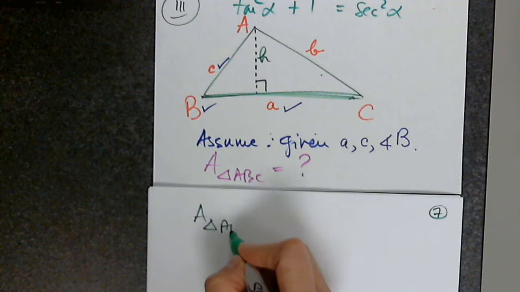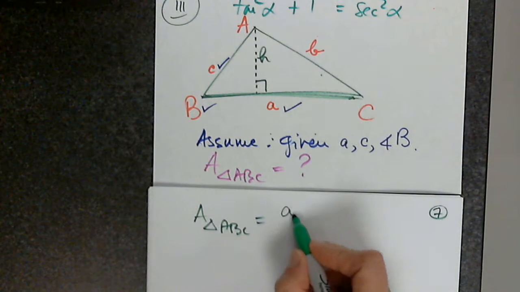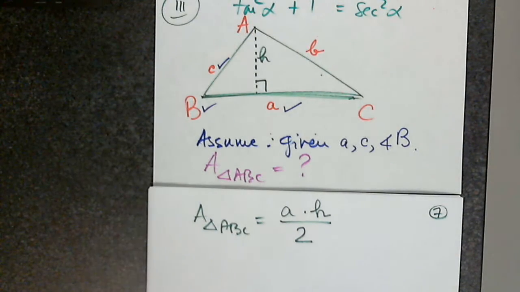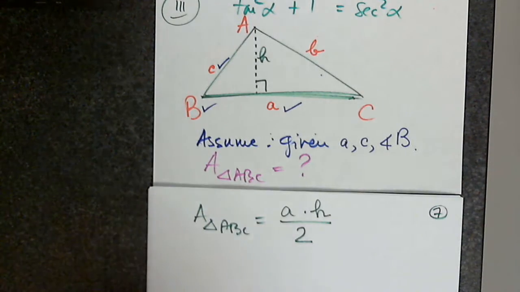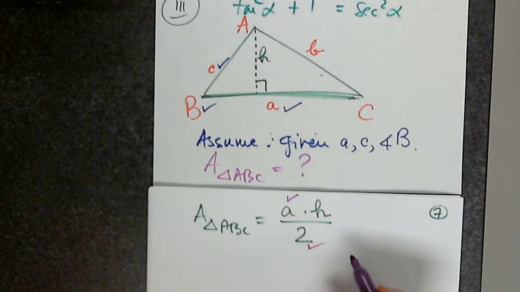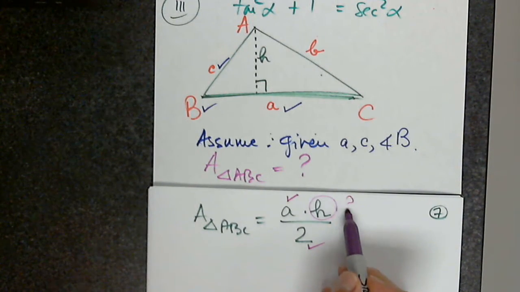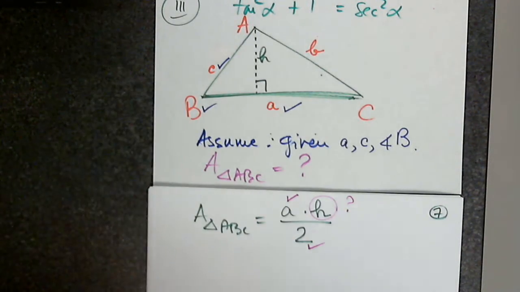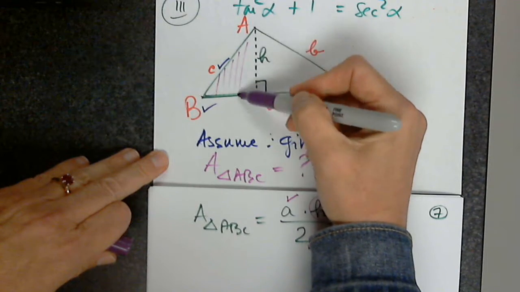Area of this triangle ABC must equal a multiplied by the height divided by 2. Perfect. a is okay. 2 is a number, but this I don't have. Let's go back to the right triangle on the left-hand side.